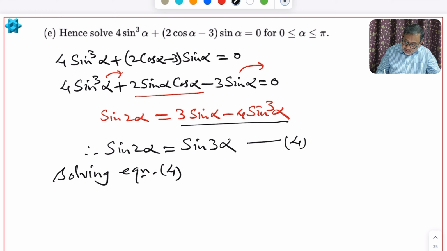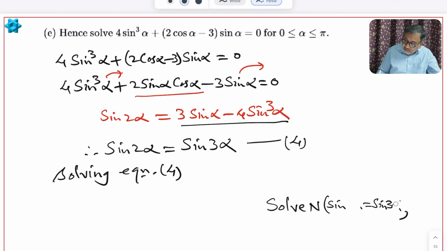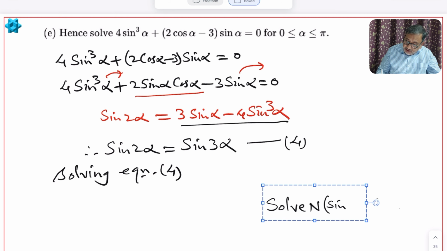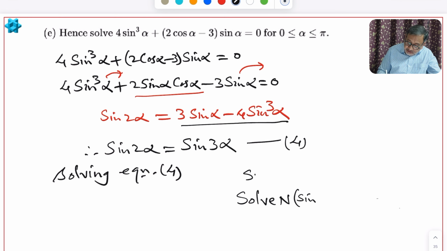I have to use solve n, and I have to write this equation, sin 2 alpha is equal to sin 3 alpha, comma, of course I cannot use alpha, so I will have to use x in Casio calculator. So I will write the syntax for this: sin 2 alpha is equal to sin 3 alpha, comma, alpha, but here of course it will be x, so let me put all x.